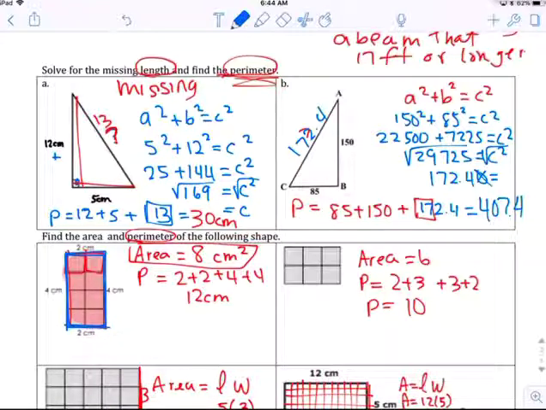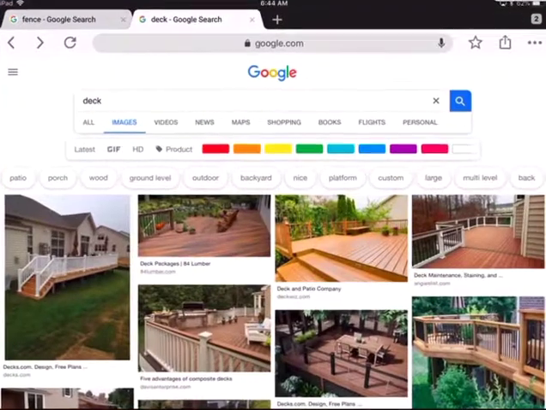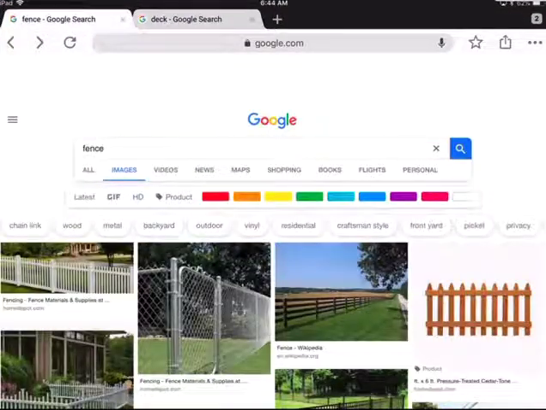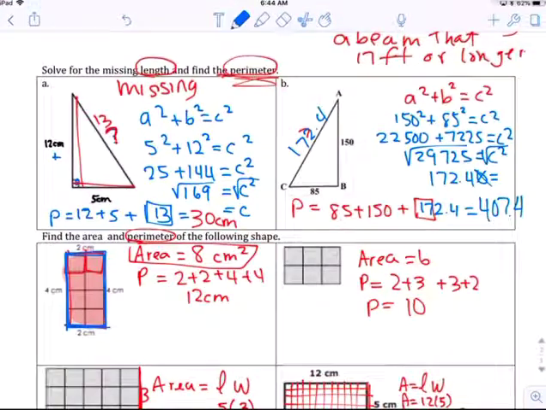I like to go back to this picture. The fence, and then there's dirt that you're protecting, your home and land inside it. So the dirt and home inside is this area inside. That's called area.